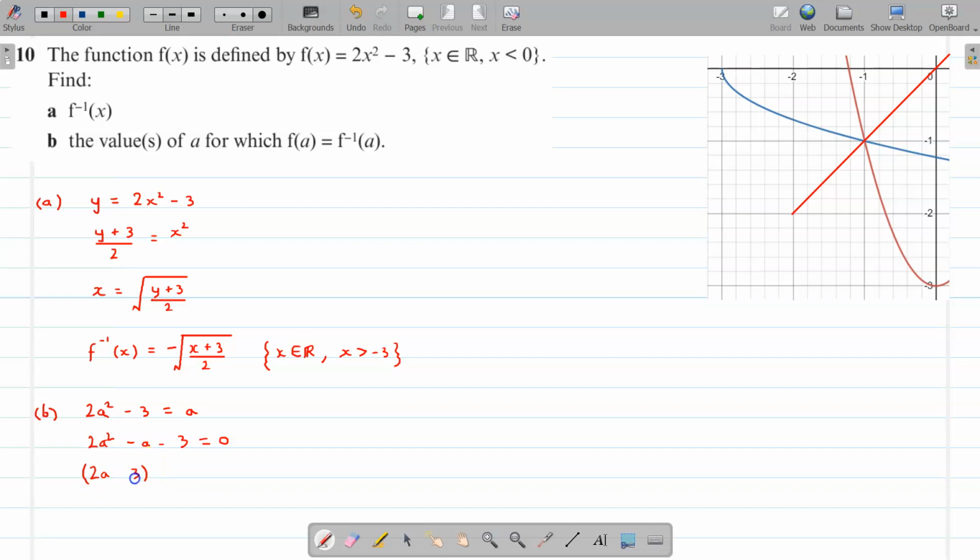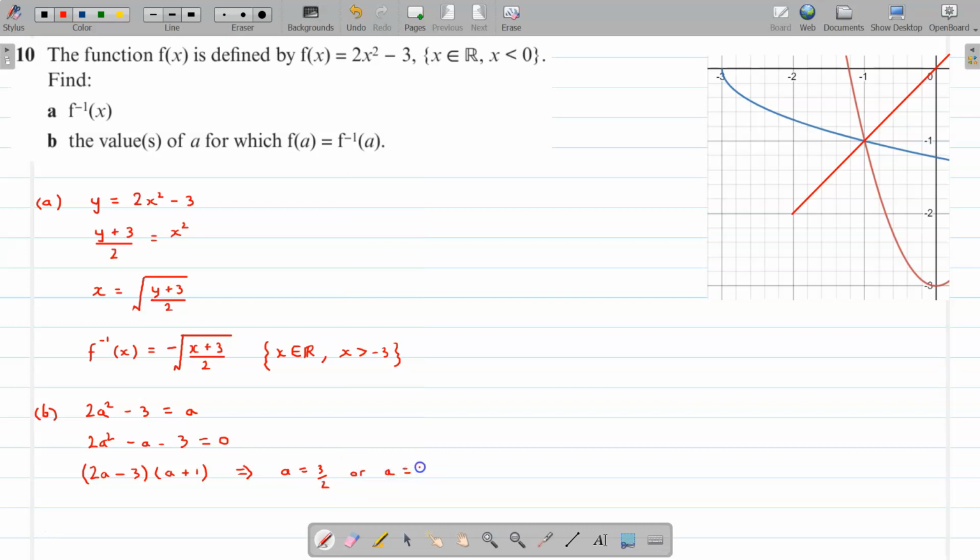There's going to be a 3 in there, an a and a plus 1 in there, and that's going to be a minus 3, and that's going to give me two values of a. So it's going to give me a equals 3 over 2, or a equals -1.